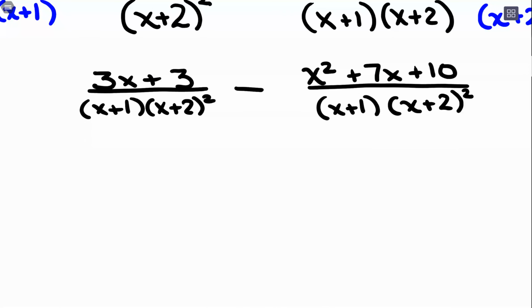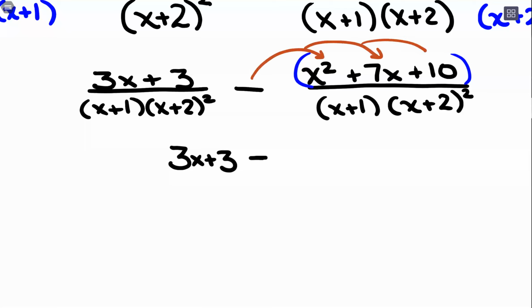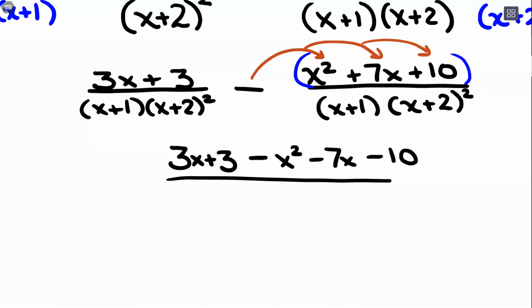So in the numerator, we're going to have that 3x plus 3. And then remember, with subtraction, we're going to bring parentheses with it. And if it helps, you could think of it in this stage of we're distributing the negative in. So I'm going to have a minus x squared minus 7x minus 10 all over x plus 1 times x plus 2 squared.